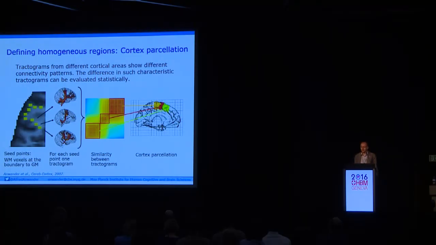From the tractograms we get the similarity matrix, which is already here in the middle reordered, and which groups together points which have a very similar connectivity profile in regions which are close together. This can be done, as proposed by the Oxford group, by Heidi Johansen-Berg already 10 years ago, by a spectral reordering and then by eyeballing of the boundaries, or we can do this with other clustering algorithms directly on the similarity matrix.